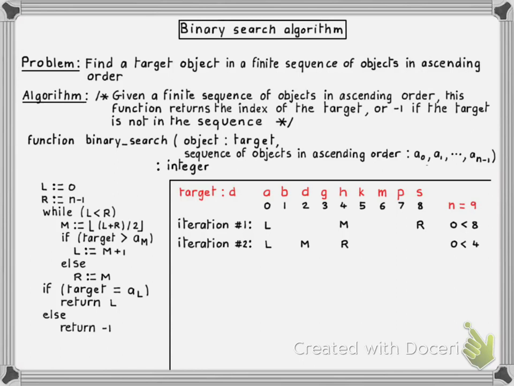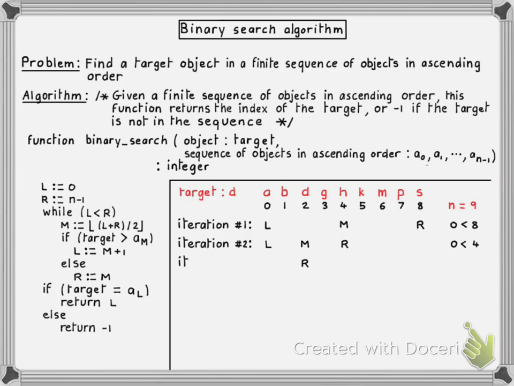Now, we can compare the target D with the value A sub 2, which is D. So is D greater than D? The answer is no. So we're down to the else case, which means we are going to assign to R the value of M, which is 2. And that concludes the second iteration of the loop.